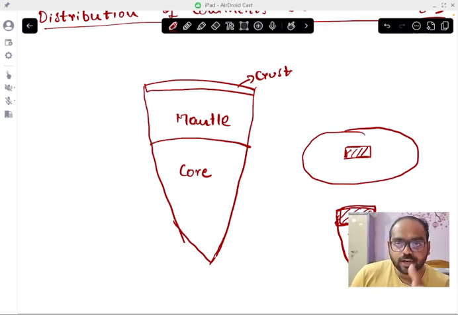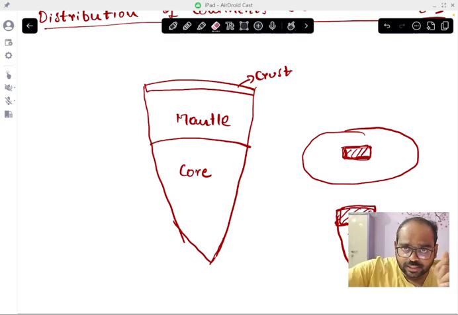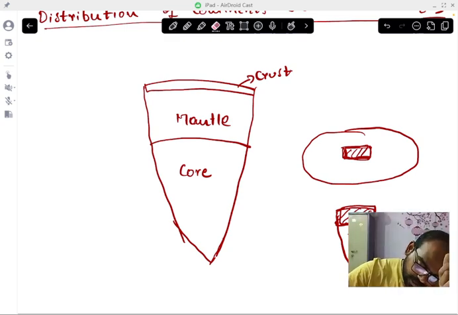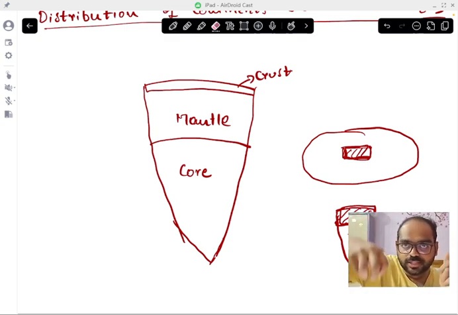Similarly, if we take a cross section of the earth, imagine this is the earth, this is upper layer. You make cuts here, and you take that part from the upper part to the central part.